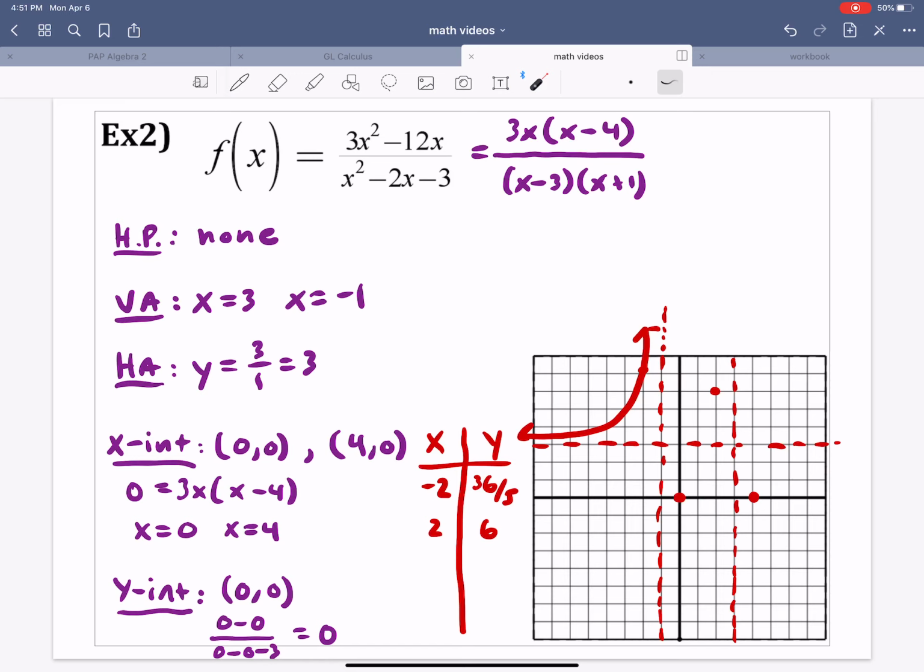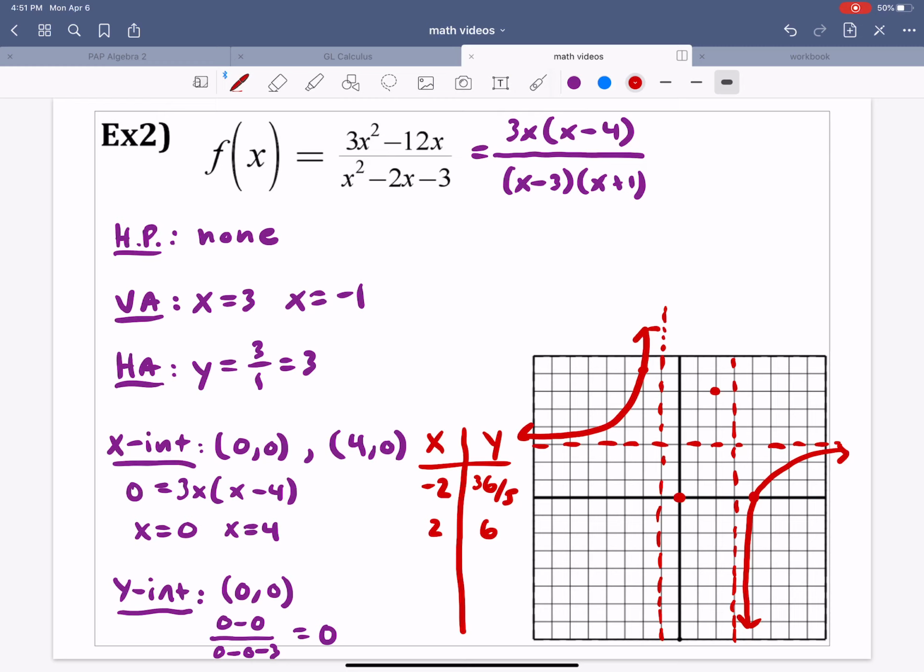So what that means is as I approach the asymptote x equals negative 1 from the right side, that branch has got to be shooting down. Okay? It's got to be shooting down. Now let's start all the way over here on the far right as well, and let's draw a sketch of this branch. Okay?